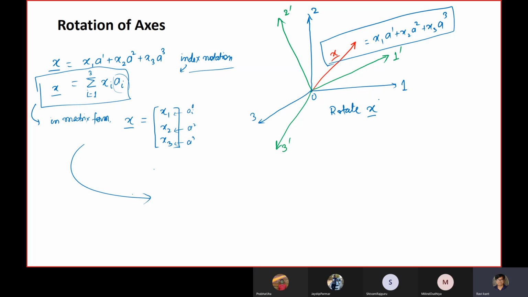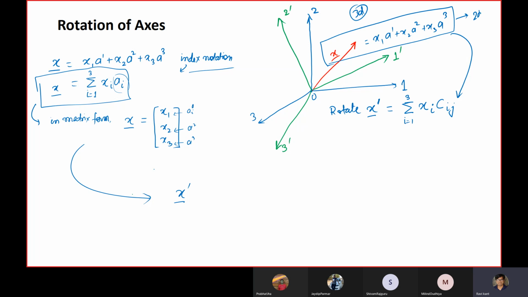So the rotated vector, x bar dash, I'll denote this thing in dash, written as summation of xi cij, where i is equal to 1 to 3. In the expanded form, I can write x1. I'm not going to do the detailed calculation for the 3-dimensional case because it will be cumbersome.